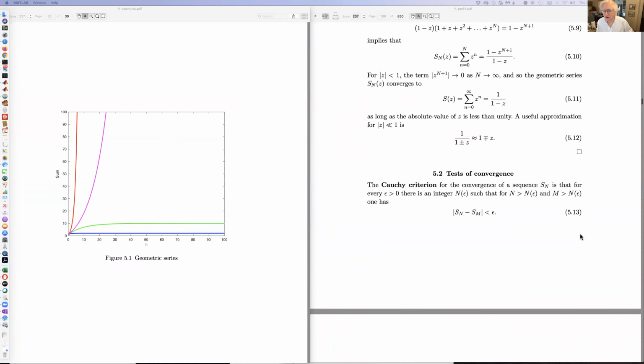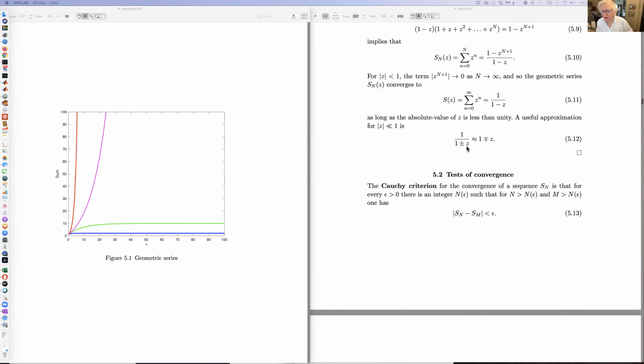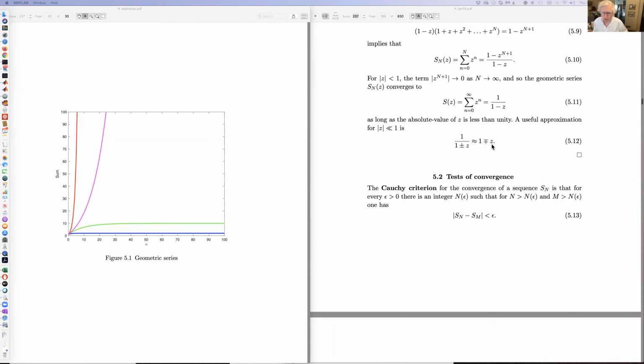One useful approximation beloved by graduate students in physics is 1/(1 plus or minus epsilon) is 1 minus or plus epsilon, epsilon being a small number. Here it's z. I think I should have changed to epsilon. Well, let me try to make a note of that. It makes more sense.